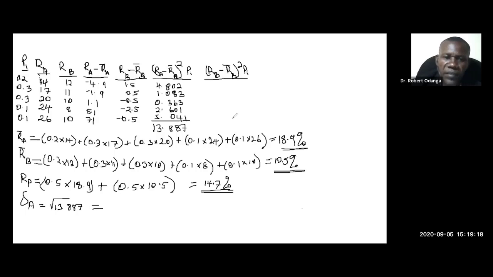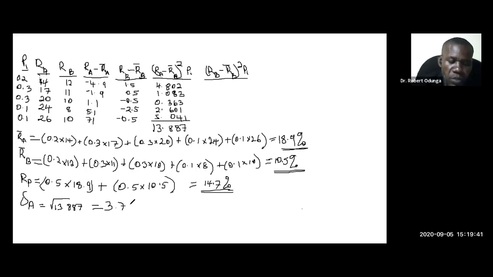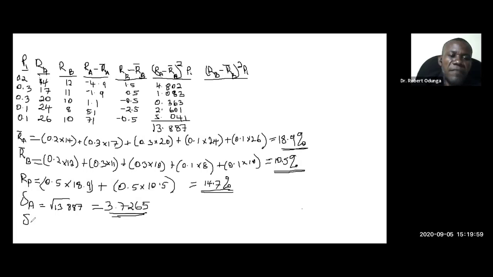So you do the same for B to determine your risk for B. So what is the standard deviation of that? 3.726. Okay, standard deviation of B.